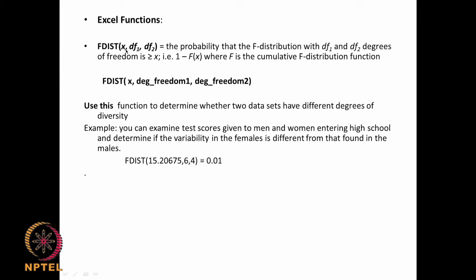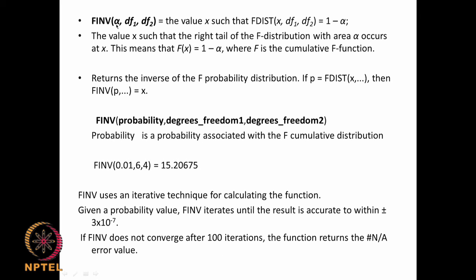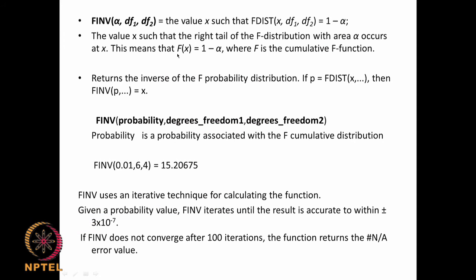So, I can use FDIST, which will give me the area or the probability, or if I am given the probability, it will calculate the F value using FINV. We can use either FDIST or FINV, both are quite good.